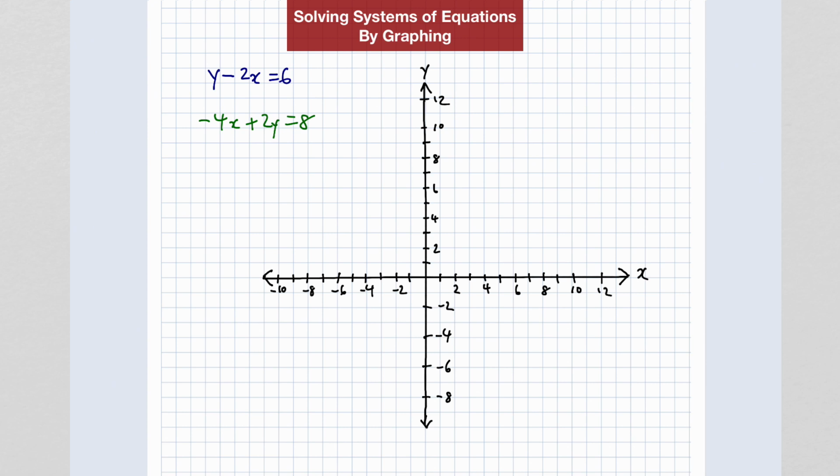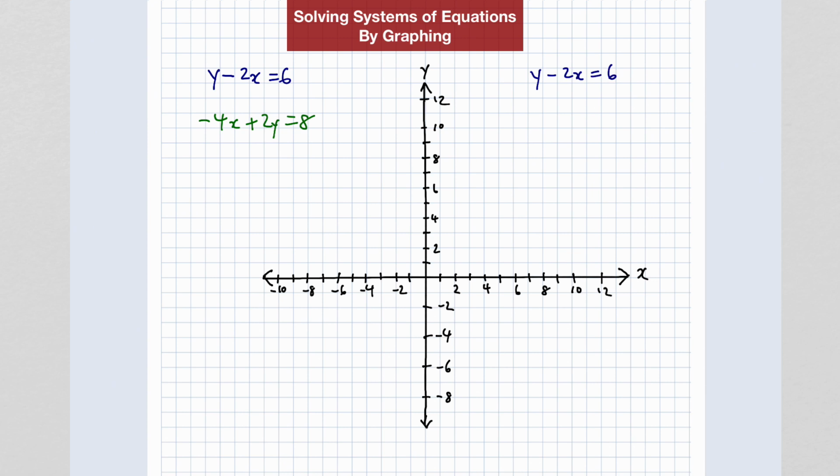Okay, so this first equation is not in slope-intercept form, so it's a little bit difficult to graph. So what we're going to do is change this into slope-intercept form. Okay, so I'm going to go ahead and write it to the right side over here. I'm going to just rewrite the equation. We have y minus 2x is equal to 6.